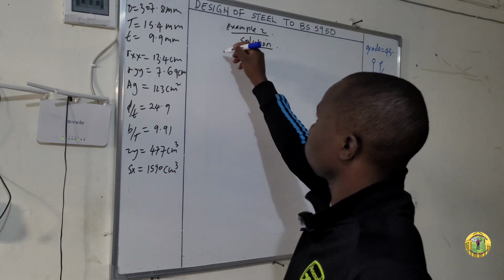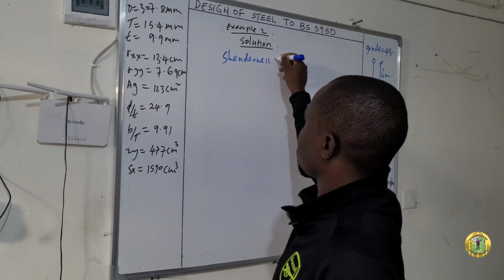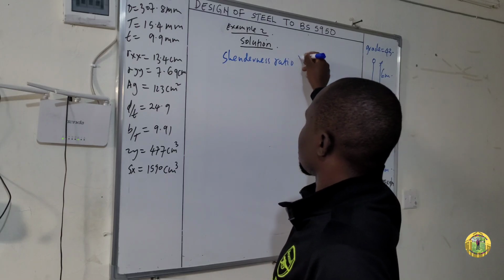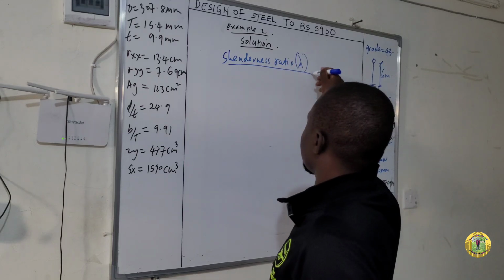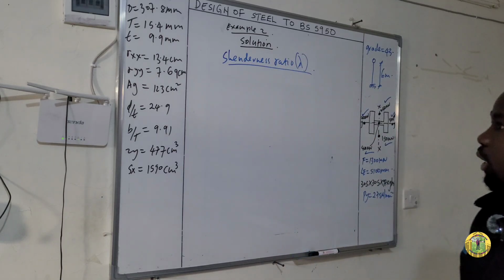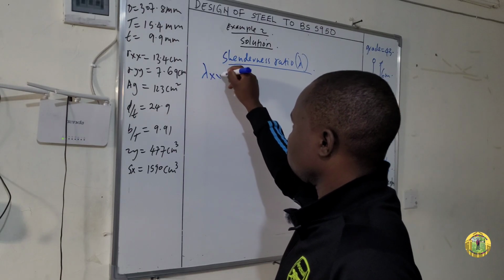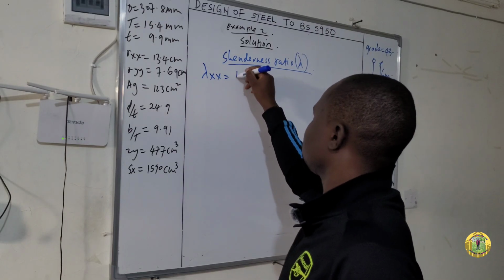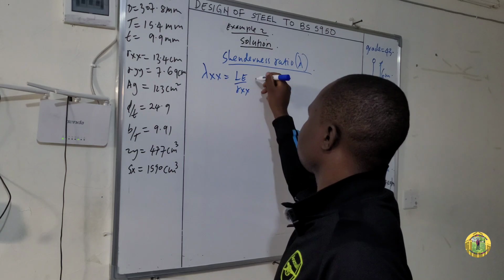So slenderness ratio, which is symbolized by lambda. For slenderness ratio, we will start with the slenderness ratio about the x-axis, which is equal to LE all over RXX.